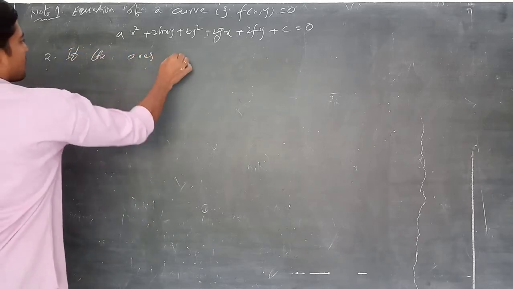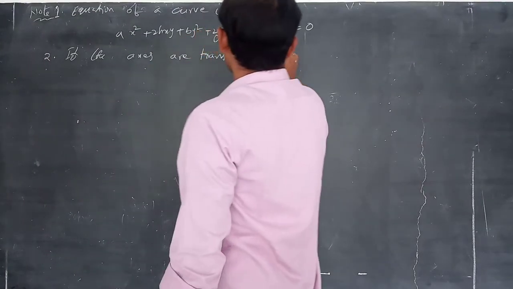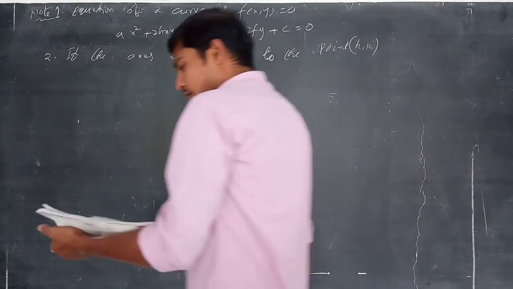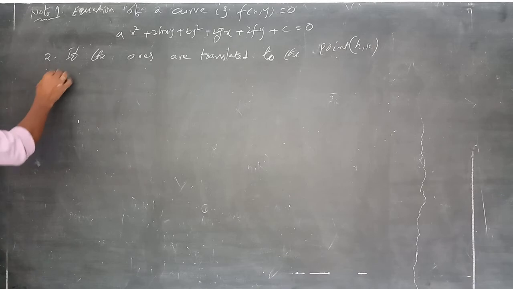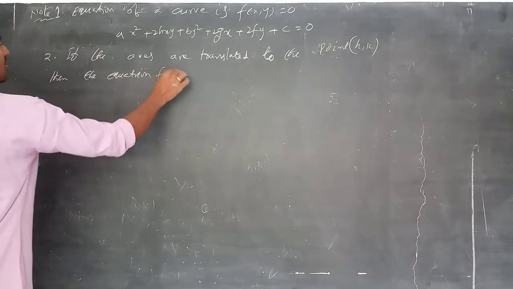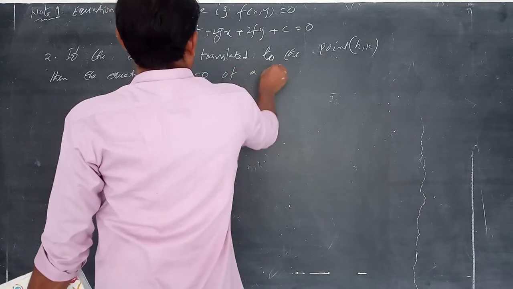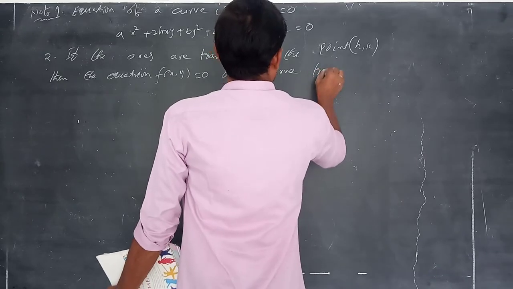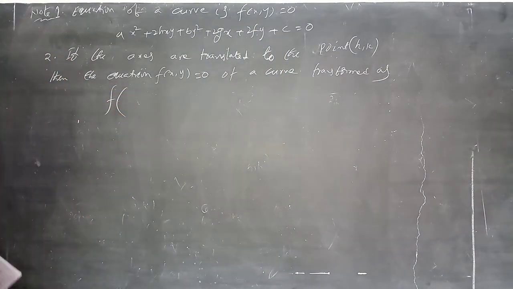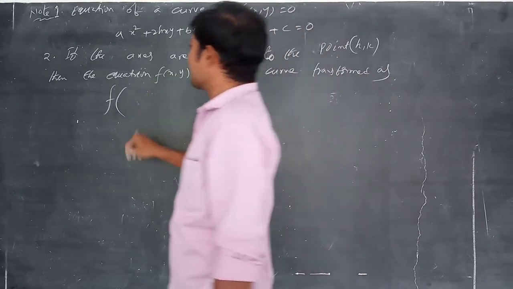If the axes are translated to the point h comma k, then the equation f of x comma y equal to 0 of a curve is transformed as f of, you have to remember that small x is equal to capital X plus H and small y is equal to capital Y plus K. So instead of small x and small y, put those values.